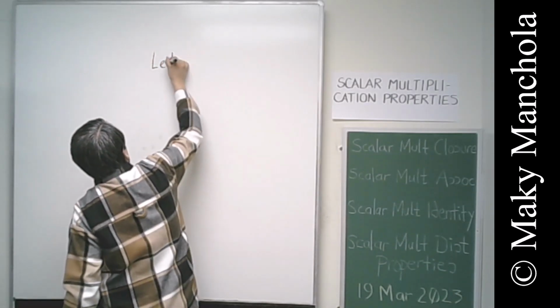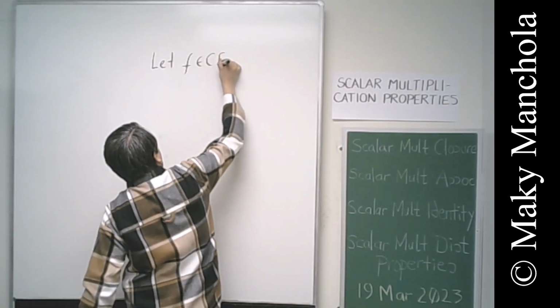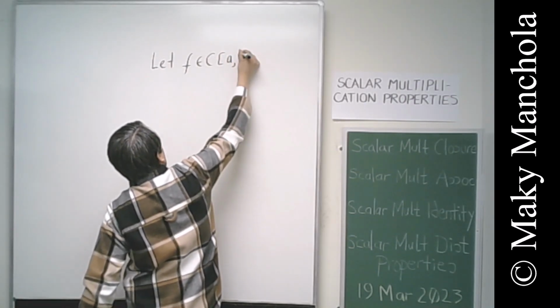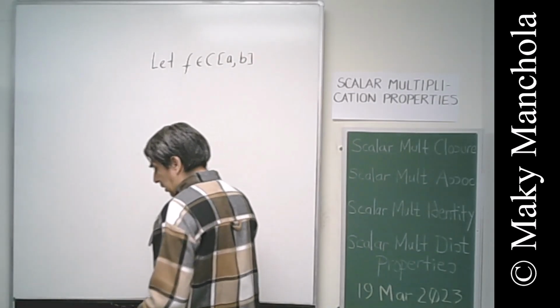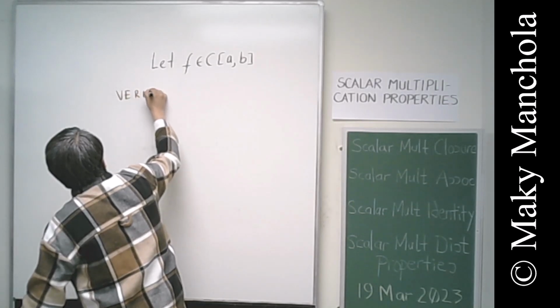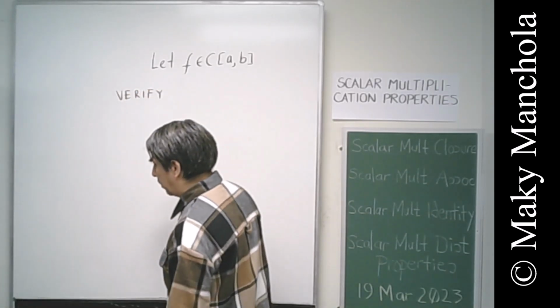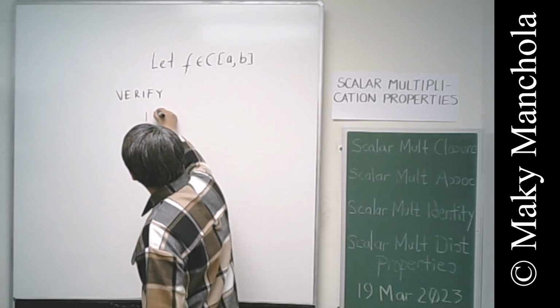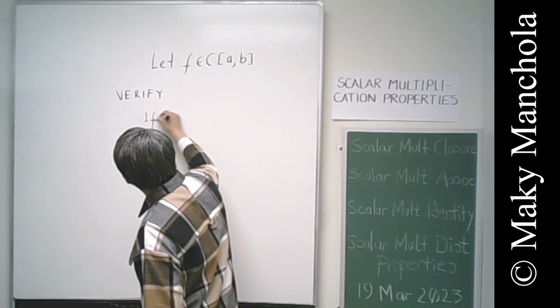So let f be in the set of continuous functions on the closed interval from a to b. Let's verify that the scalar multiplication of 1 and f is just f.